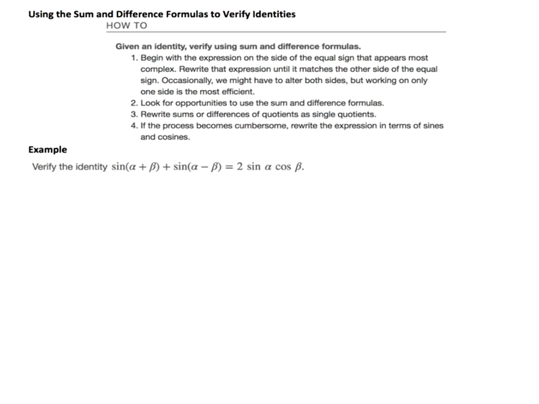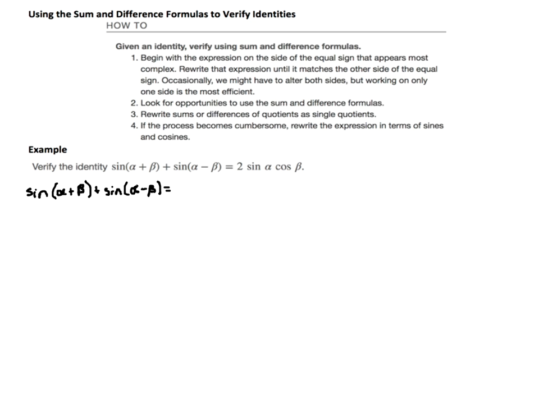So we have the sine of alpha plus beta plus the sine of alpha minus beta, and we're going to try to show that all of that is equal to 2 times the sine of alpha times the cosine of beta.